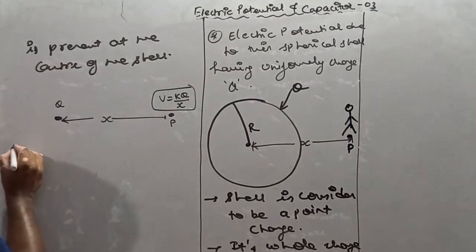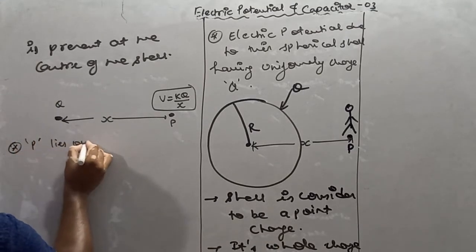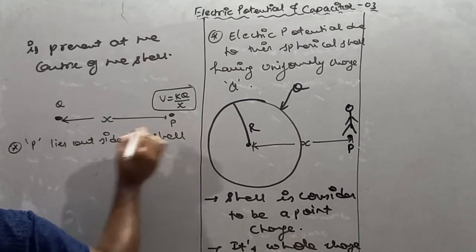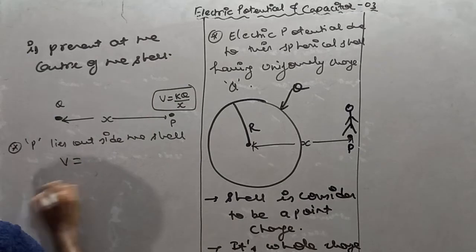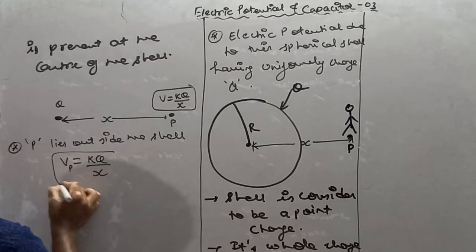I'll write here: if P lies outside the shell, then potential at P is equal to kq by x.